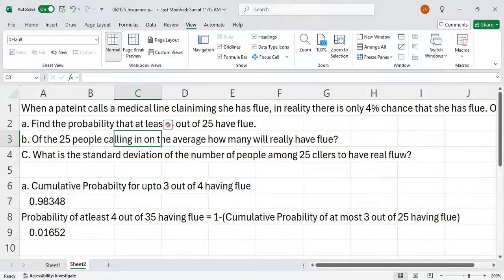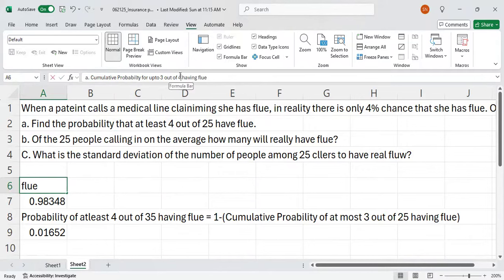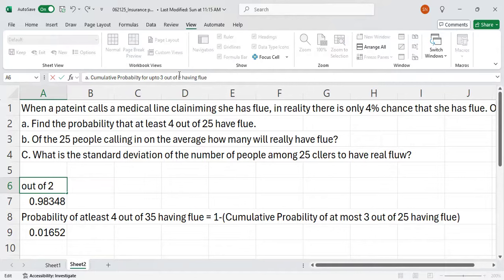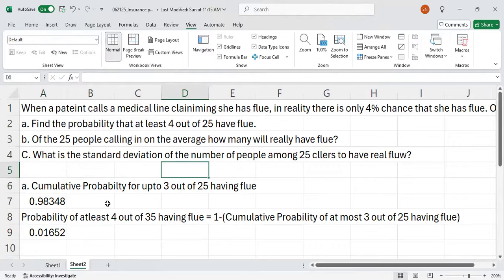Okay, so part A. For part A, we will first find the cumulative probability of up to 3 out of 25, because we are not interested in 0 to 3 directly.